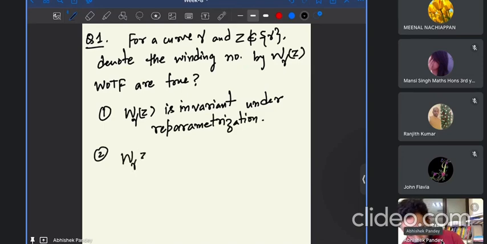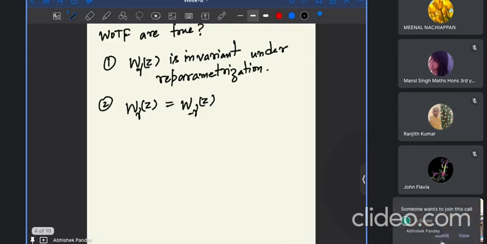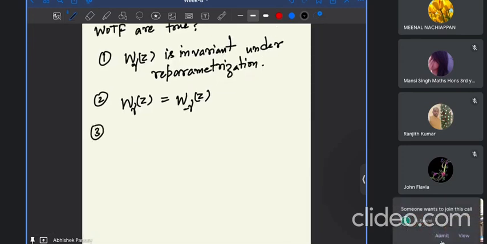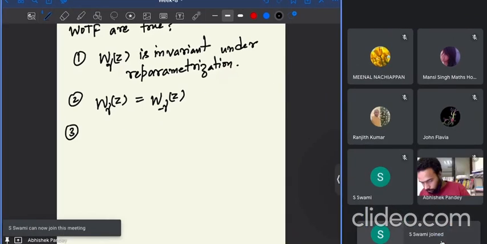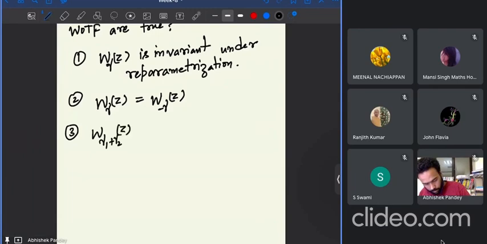The second thing is that W gamma of z, where gamma is a closed curve, is W of minus gamma of z. Third, W of gamma 1 plus gamma 2 of z is W of gamma 1 of z plus W of gamma 2 of z.